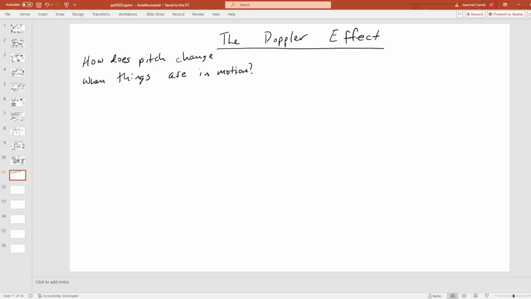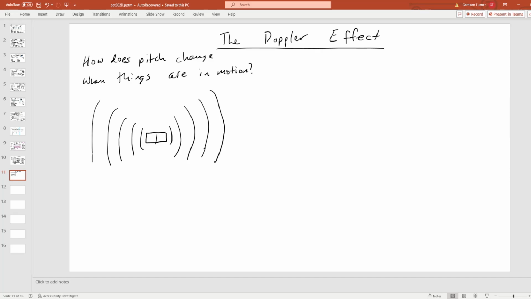Now, you have multiple things going on. But for the moment, imagine a stationary siren giving off sound waves, and these represent the crests of the sound waves, or the points of compression, if we're going to be very precise.